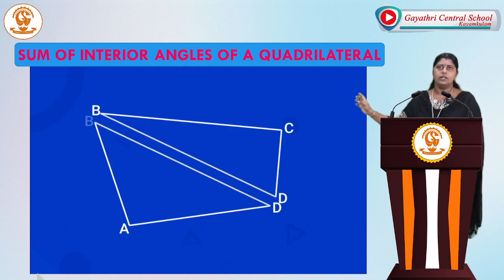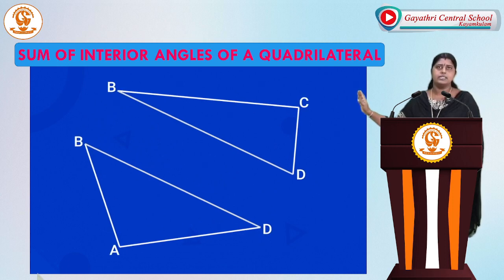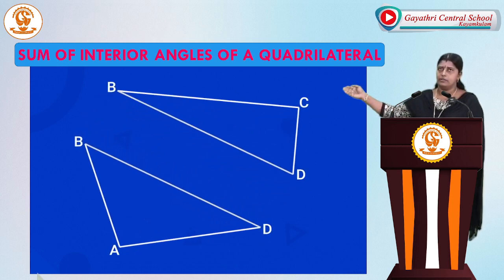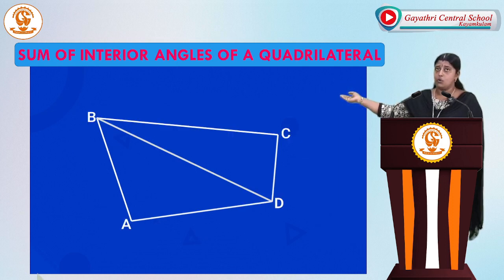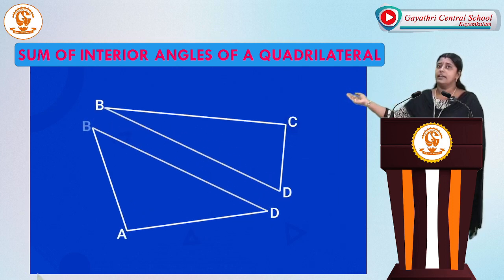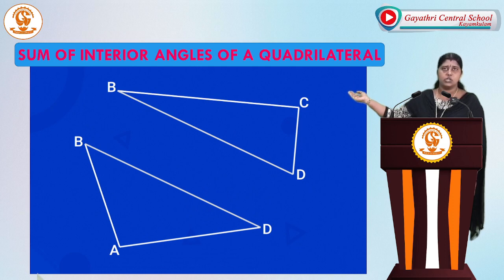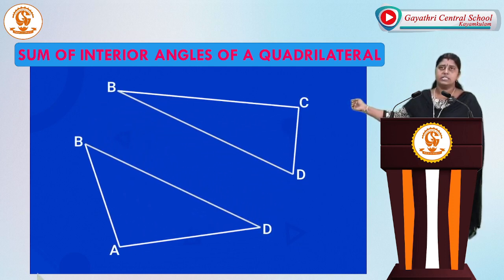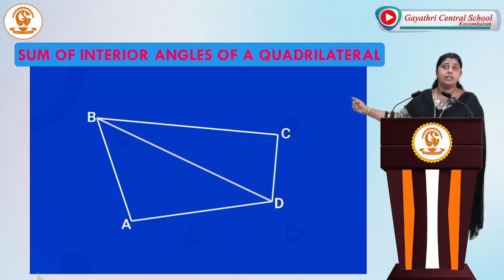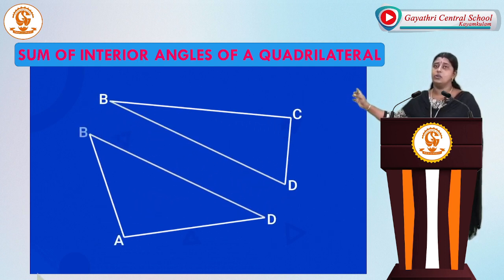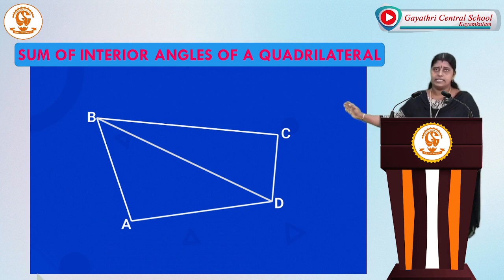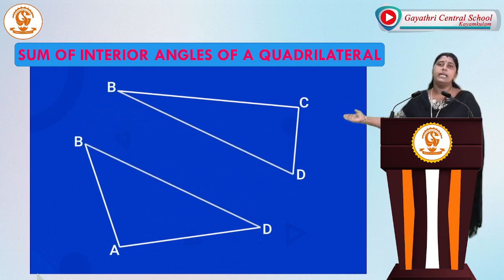Here we can draw only one diagonal, because there are four vertices. C and A are the adjacent vertices of B. Only one non-adjacent vertex here. Which one? D. So we can draw one line segment, that is BD.